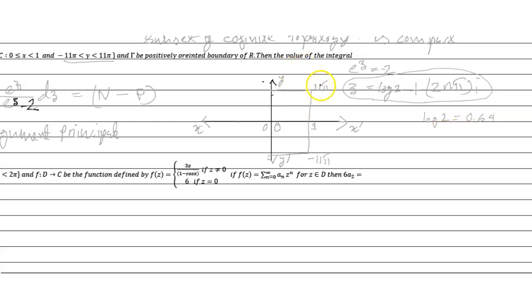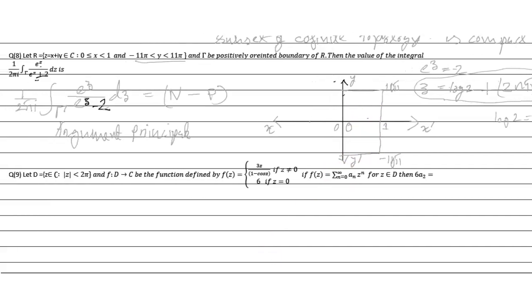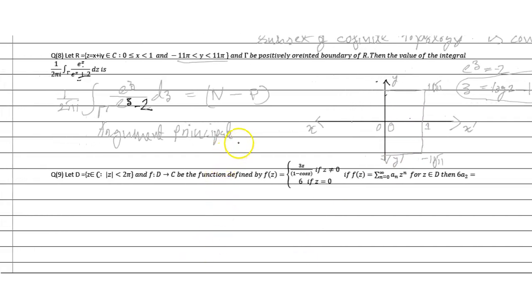So how many poles can we get? If you count, then e to the power z minus 2 equals 0, so my counting is the number of zeros.